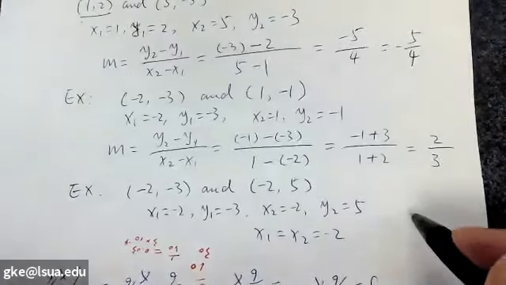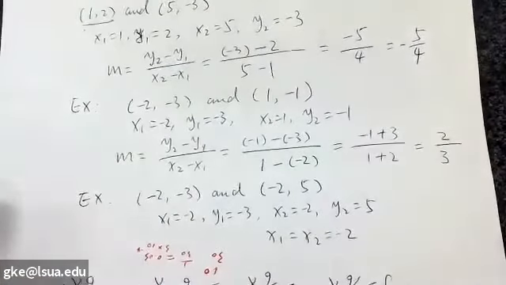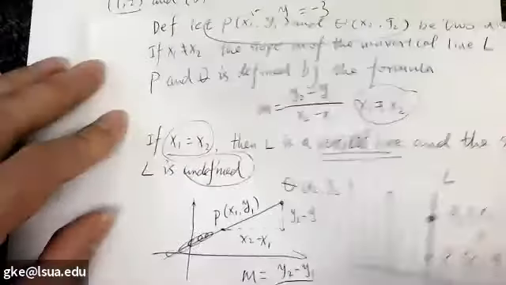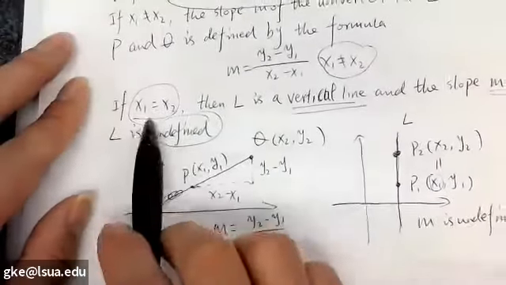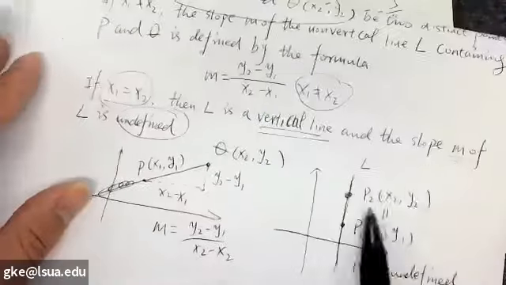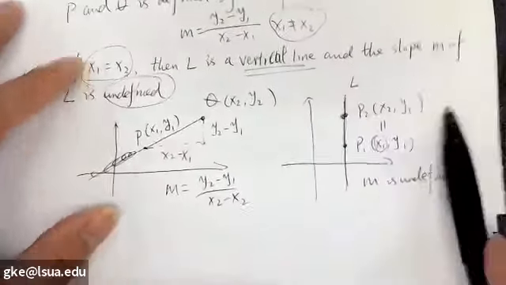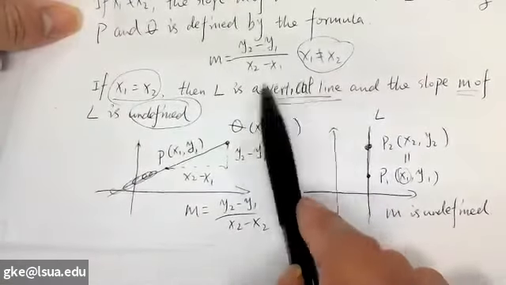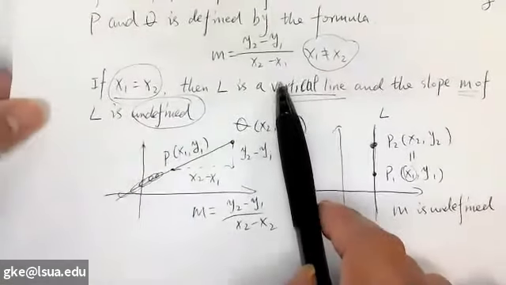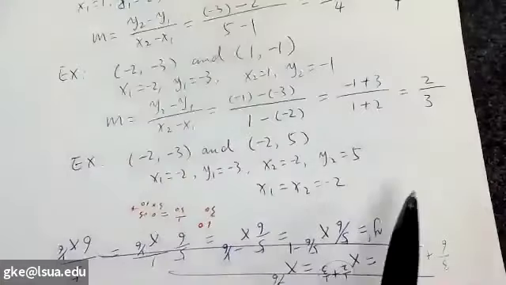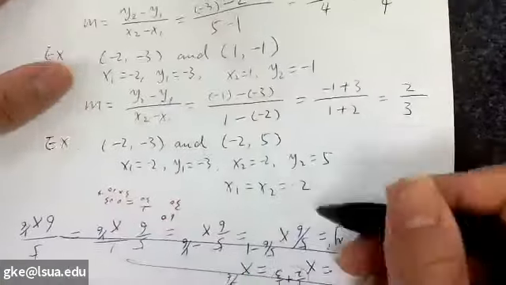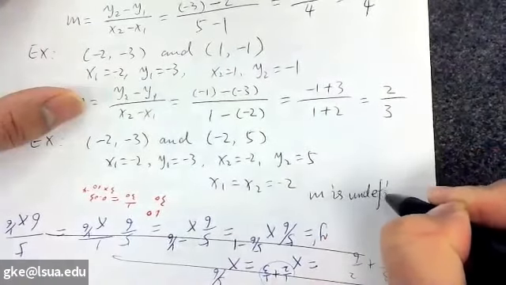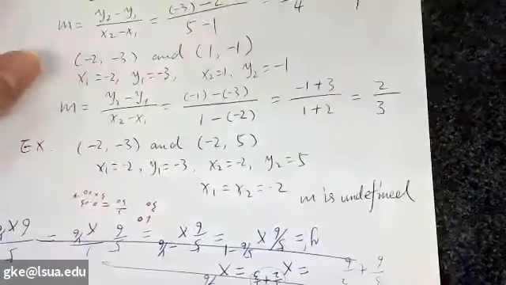That means it's the case we just learned: when x1 equals x2, the slope is undefined. Or when you plug it in, you get a denominator of 0, so you can realize it is undefined. So m is undefined. Okay, we are done.